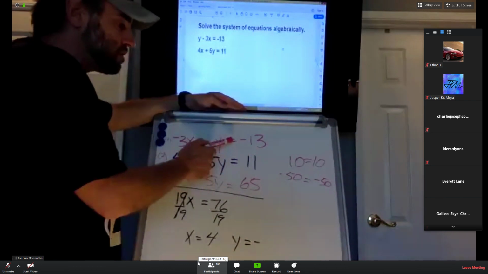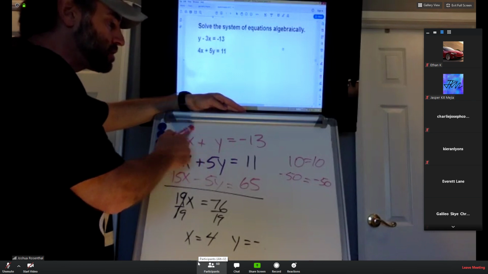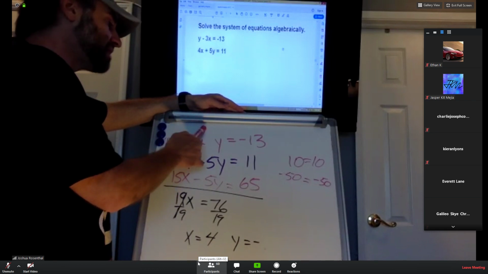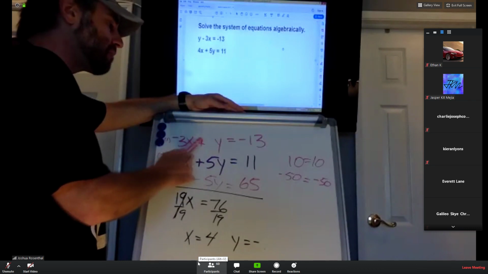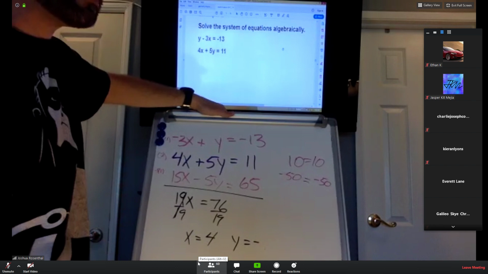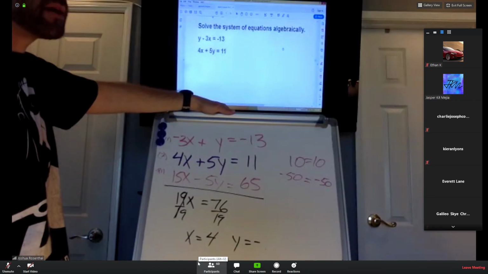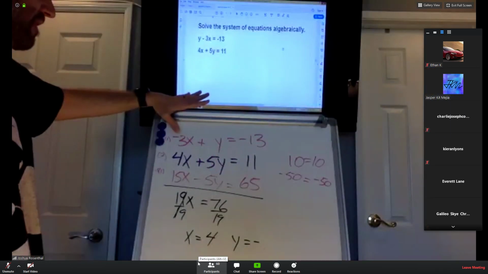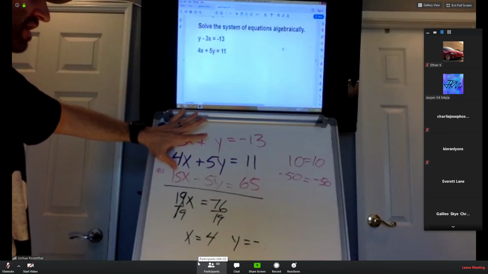That means in order to remain equal, you must also multiply the left-hand side by -5. Now, the left-hand side is made of 2 parts, but that's not a problem. When you multiply something that's made of 2 parts, you distribute. So you multiply them both by -5. -5 times y is -5y. -5 times -3 is +15.